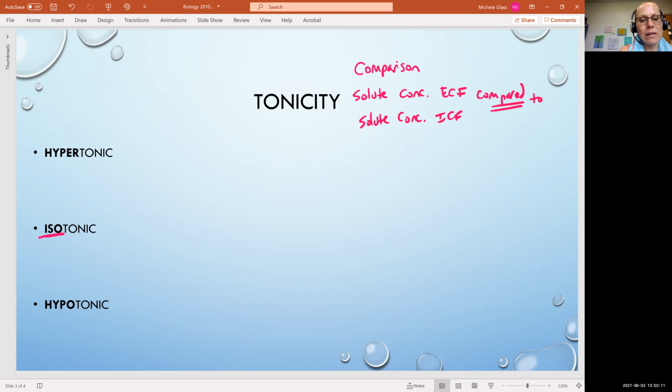Iso prefix means same. So isotonic solution means the solute concentration in the ECF is equal to the solute concentration in the ICF.